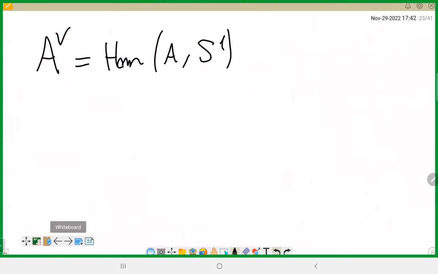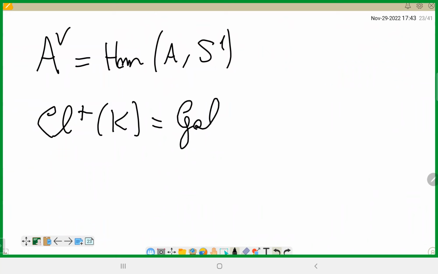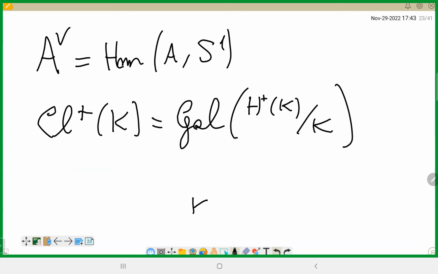Remember that the class group, we said the class group, sorry, the narrow class group, is also the Galois group of the Hilbert class field. So the quadratic characters of this group correspond basically to the unramified quadratic extensions of K that are unramified at all finite places.